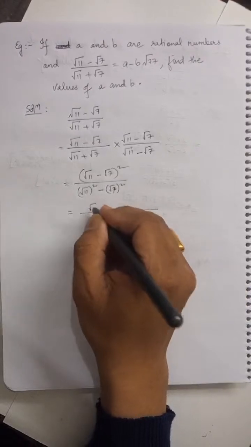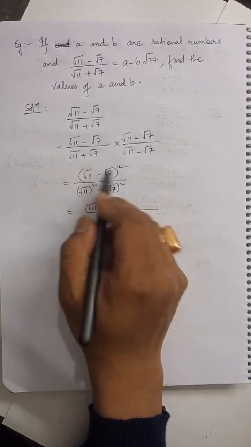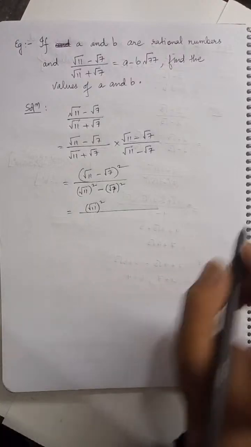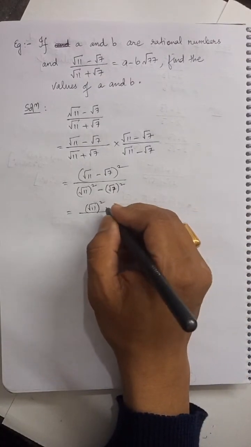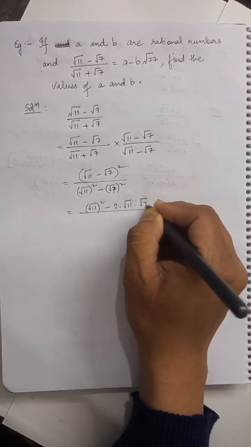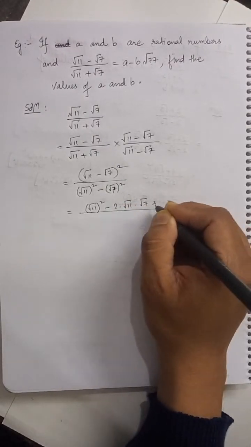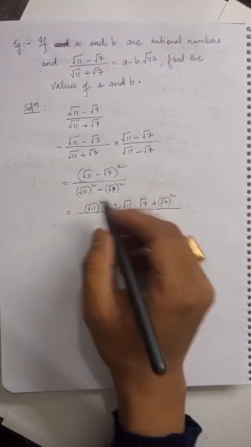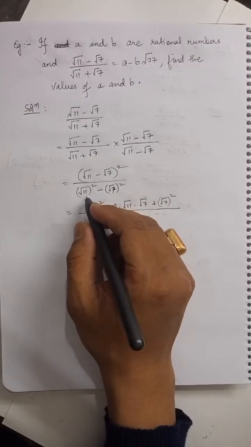So root over 11 whole square, we are expanding the numerator using the identity a minus b whole square. Okay, so minus 2 into root over 11 into root over 7 plus root over 7 whole square, and in the denominator we have root over 11 whole square.